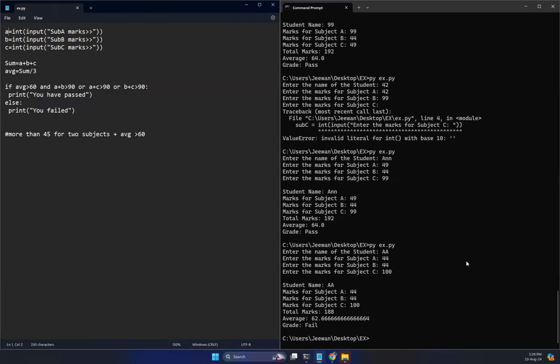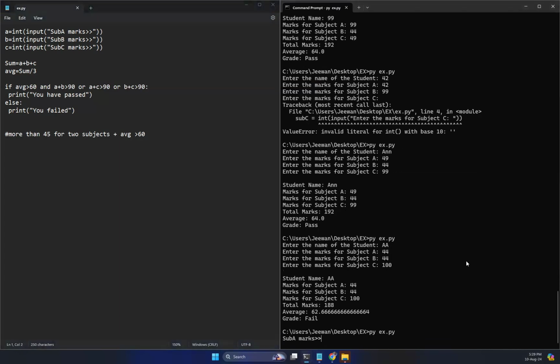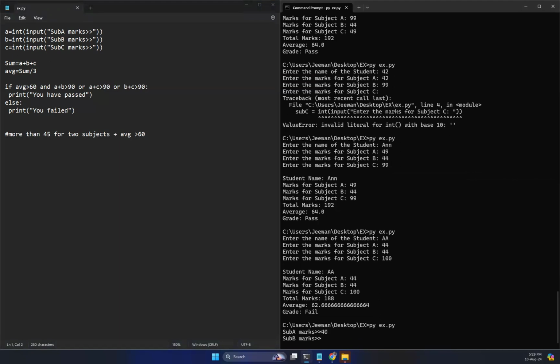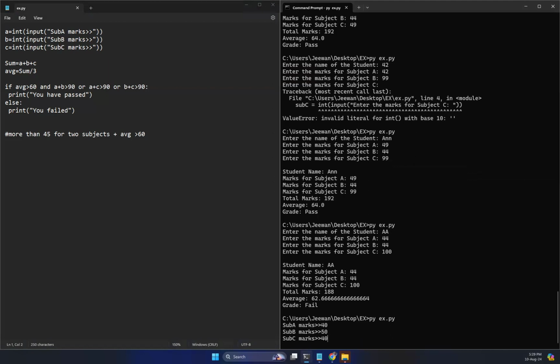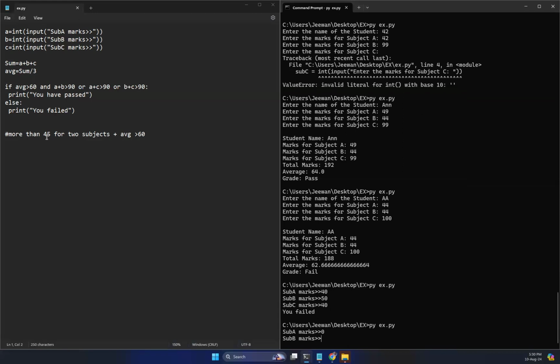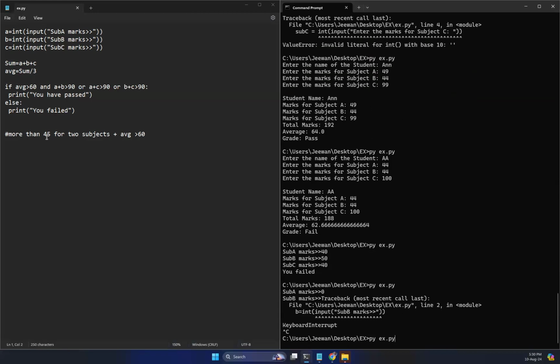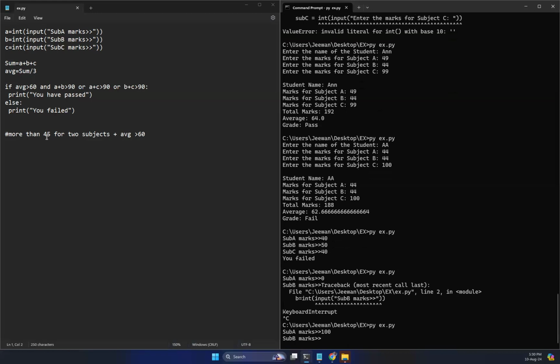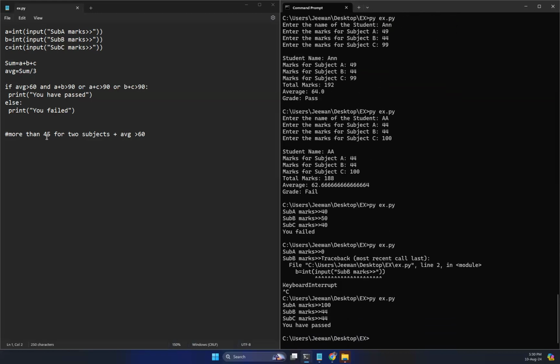This is wrong, right? Because given here, let's say 40, 50. Okay. You check whether the average is 60. Average should be 60. And okay, average is 60. So 144, 44. But you have passed, no? That is wrong.